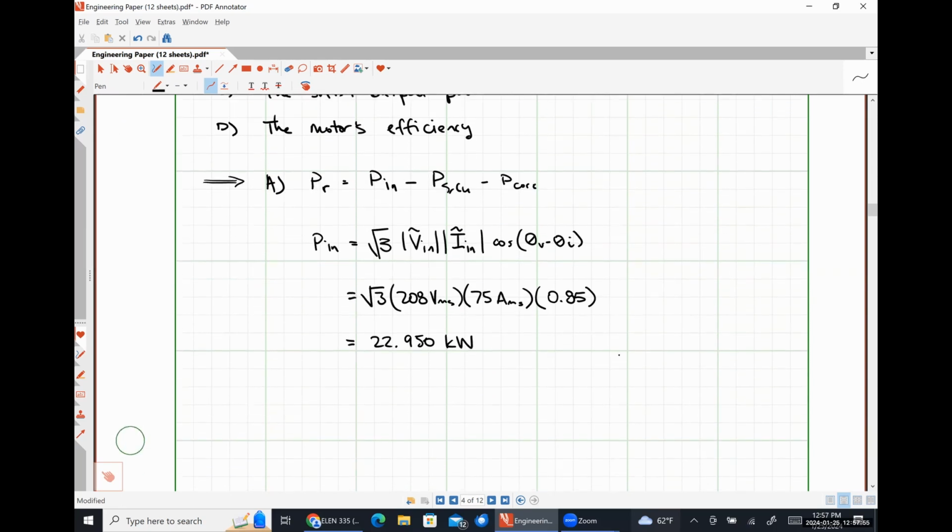From this, the power that's delivered to our rotor is 22.950 kilowatts minus 1.867 kilowatts minus 1.5 kilowatts, which comes out to be 19.583 kilowatts of power is delivered to our rotor.